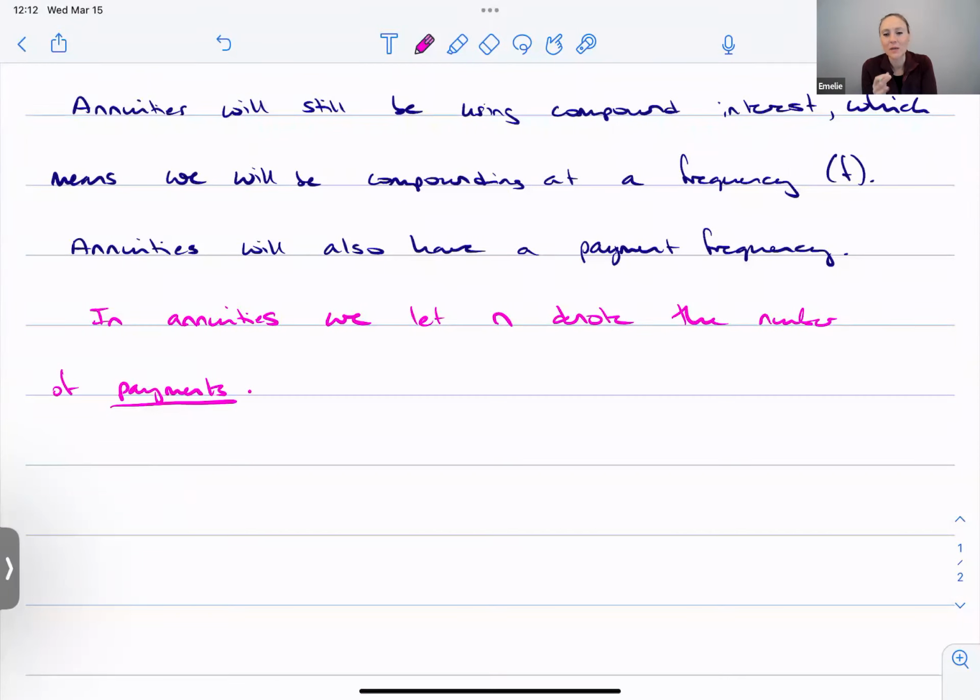This means that we're going to need to make adjustments to our compoundings, because our compoundings might be weekly and our payments might be monthly. So what we need to do is figure out what the periodic interest rate is, equivalent to the weekly compoundings but matching the monthly payments.